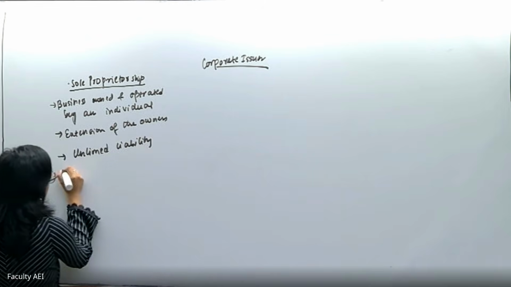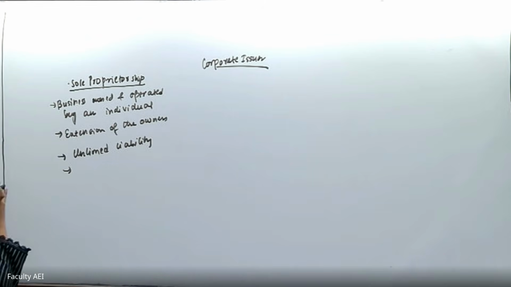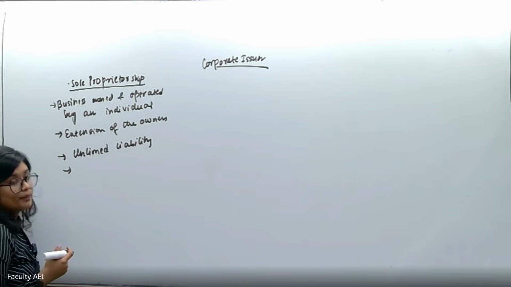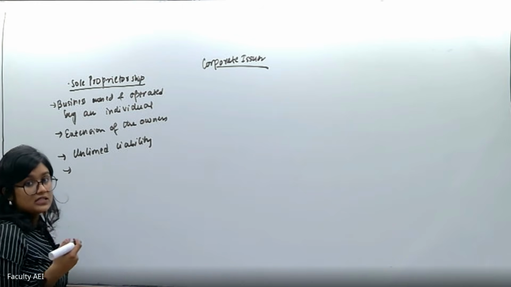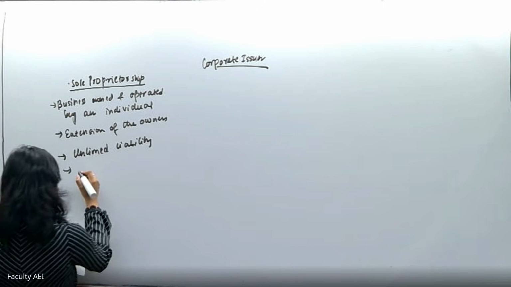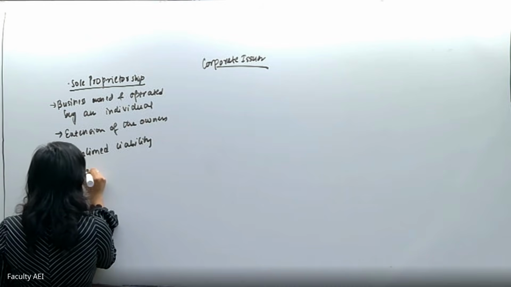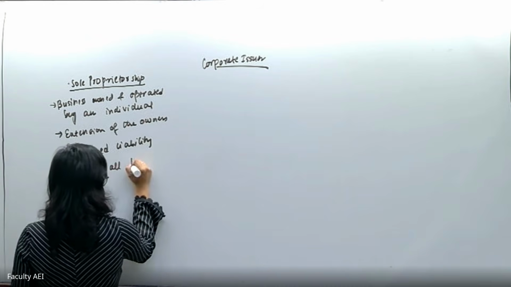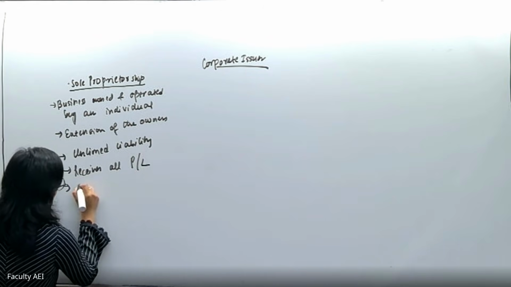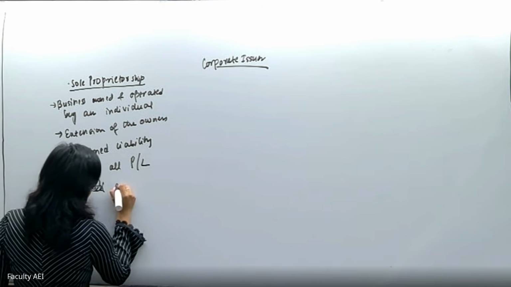So if the business ever goes into bankruptcy, the owner may have to pay the creditors from his or her own pocket. The owner receives all the profits and losses, and these are taxed as personal income.